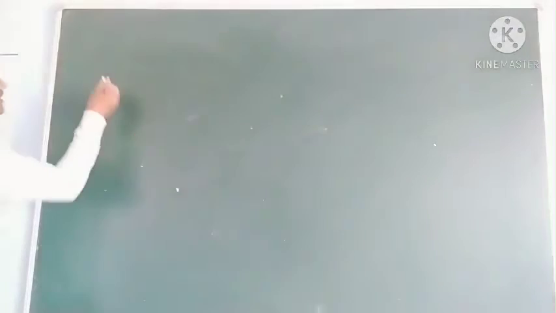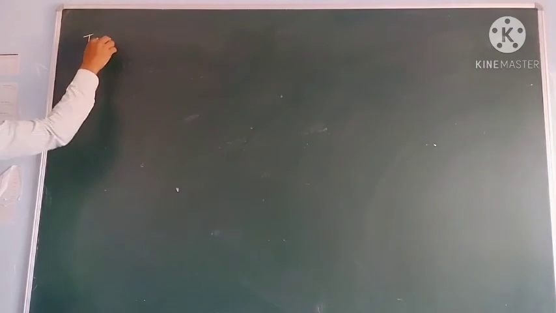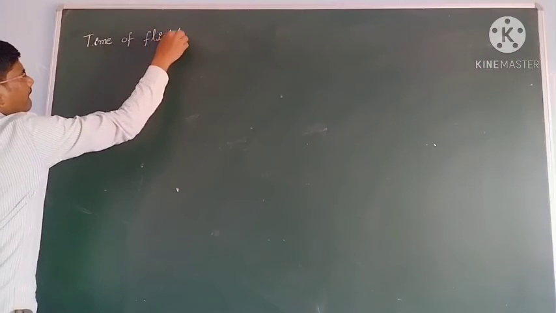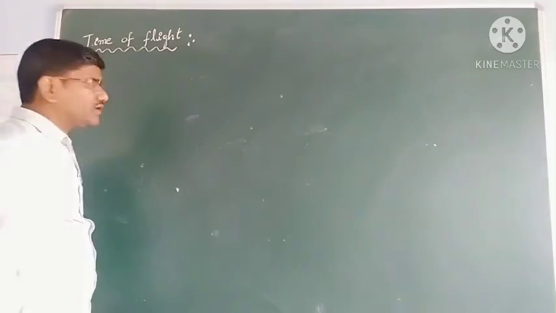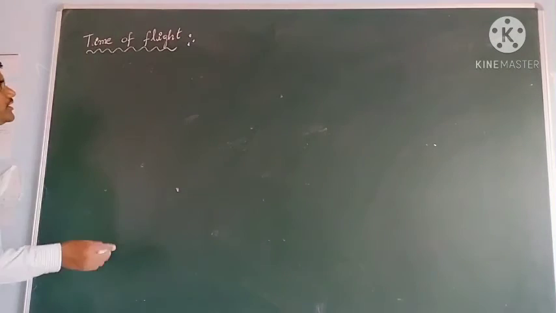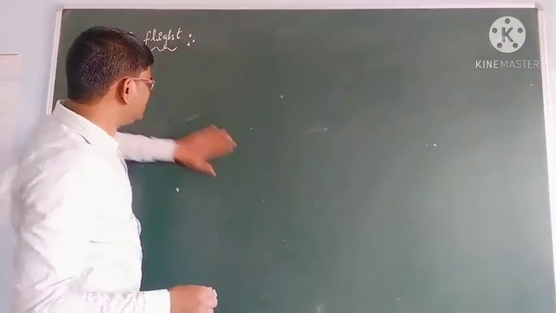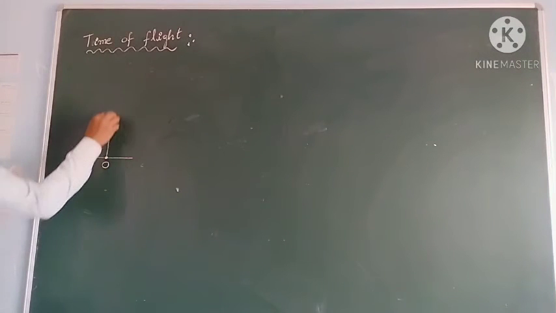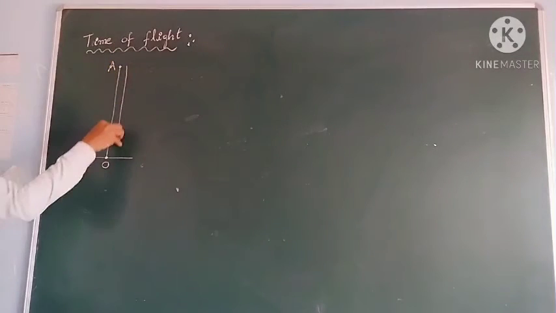Okay, now next one, see students, time of flight. Time of flight means how much time it totally remains in the air is called time of flight. See students, we projected from this point O, it reached some height A, and from A it falls in the downward direction.